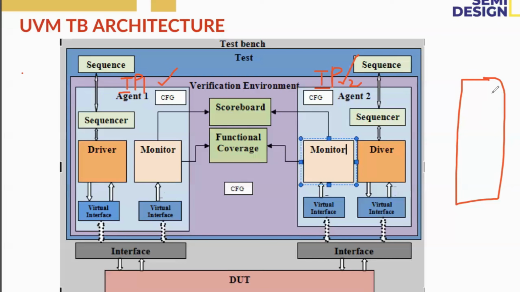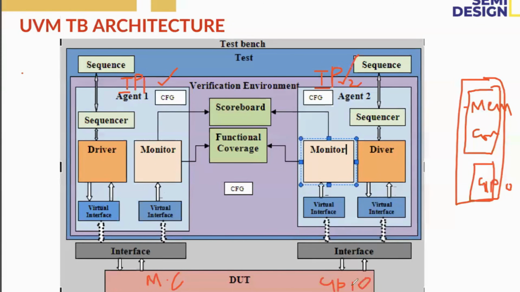Suppose this is one IP called memory controller IP. Another IP may be GPIO or some AHB or AXI VIPs. Consider this is the DUT, with one memory controller IP and here one GPIO.